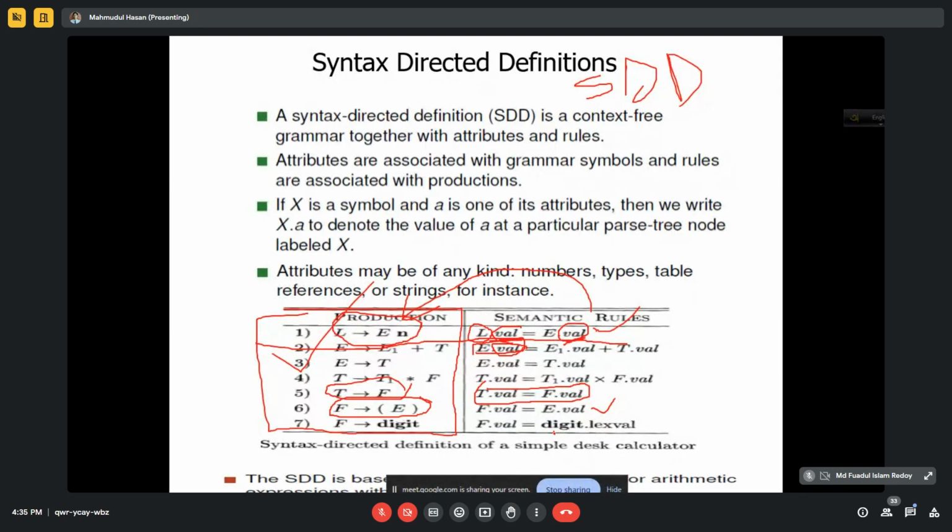For digit, here lexval is the attribute of digit. So a syntax directed definition is a context-free grammar together with attributes and rules. There are semantic rules, as well as attributes like val and lexval.